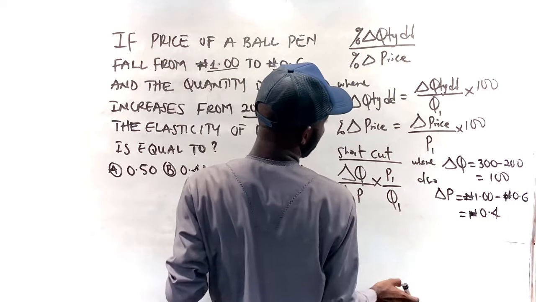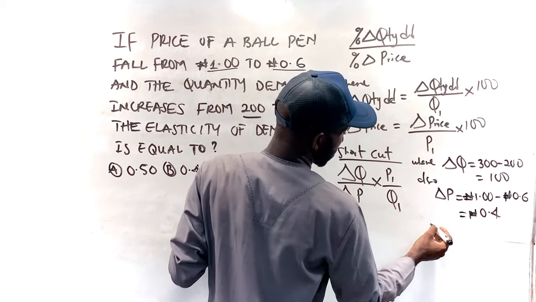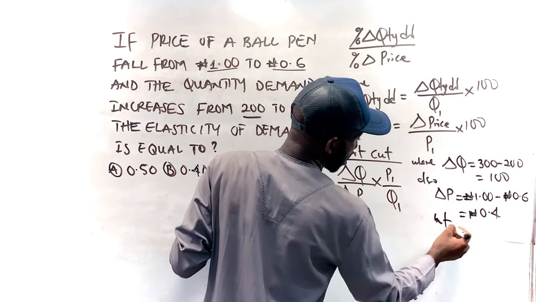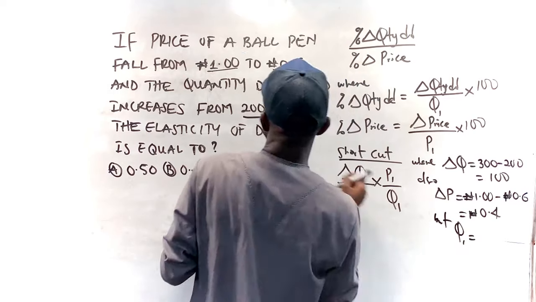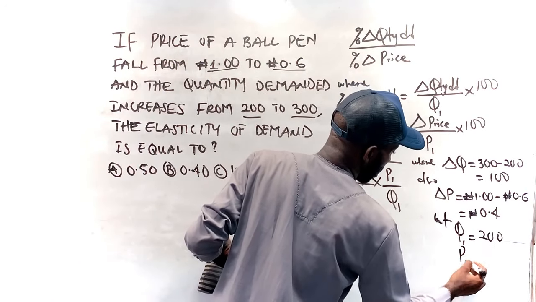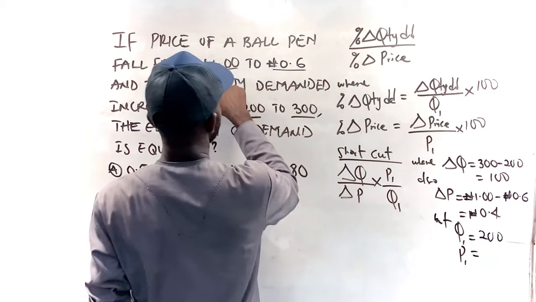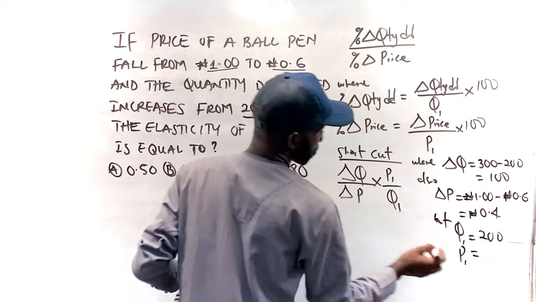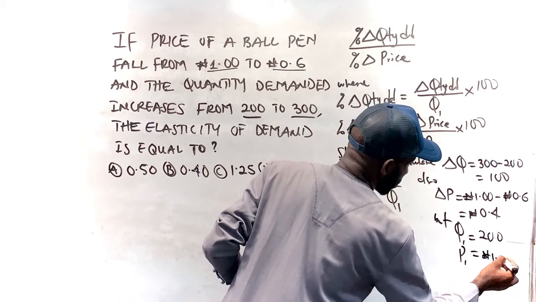And if this is the difference, don't forget that Q1 is the first quantity, which is 200 units, and P1 is the first price, which is 1 naira.